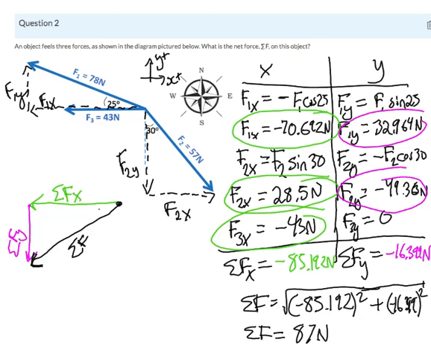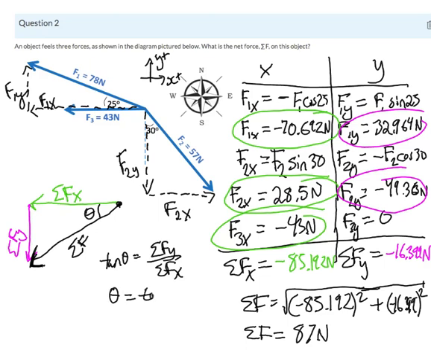So that's my net force here, but I'm actually not done, right? Because I need to calculate an angle. A good one to calculate is the one in the base of your triangle. So this one, not this one. It's better to calculate the one that's at the beginning of the arrow, not at the tip of the arrow. That angle, tan of theta, is going to be the opposite net force in the y direction divided by the adjacent net force in the x direction.